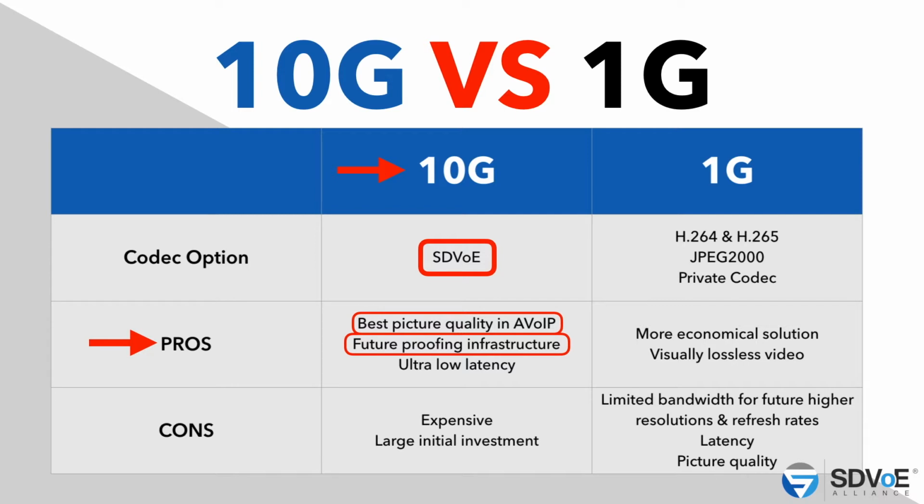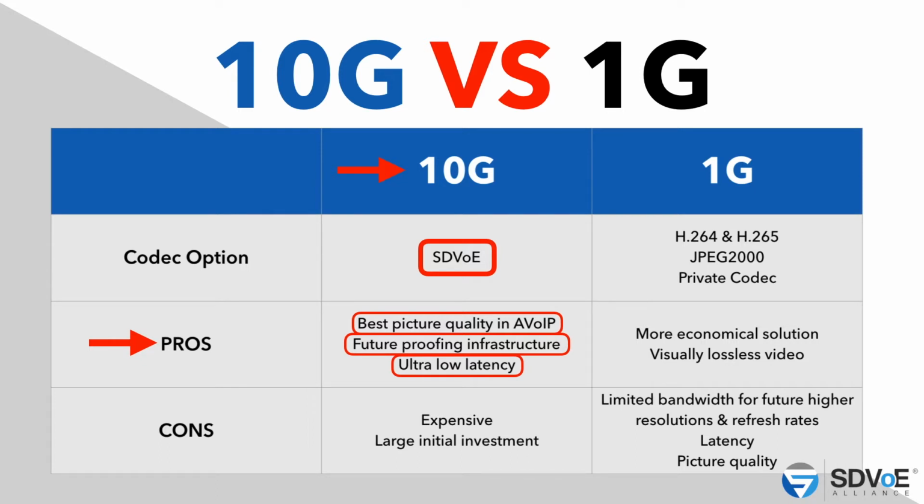If you're considering the future of your system, like 3 years or 5 years from now, you might be better off to start with the 10G solution now. And it also has ultra low latency. This is the lowest latency you can get in today's market.